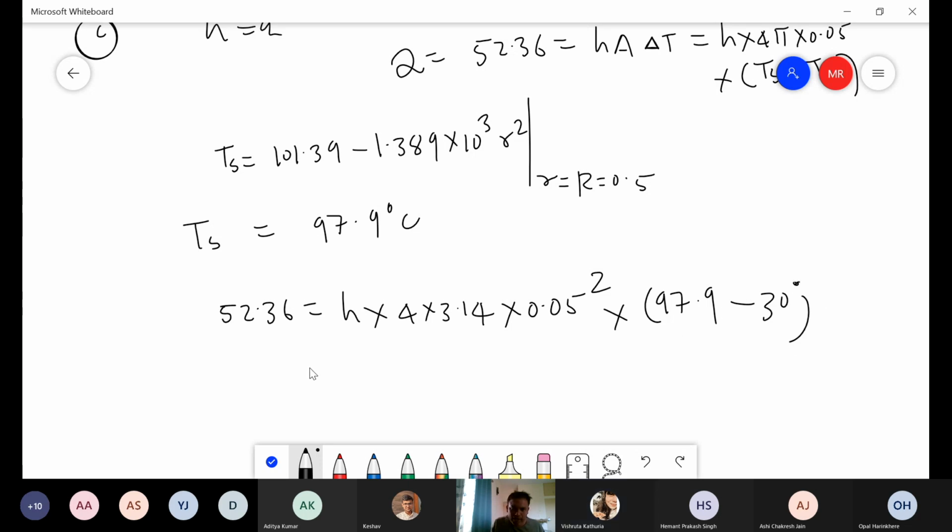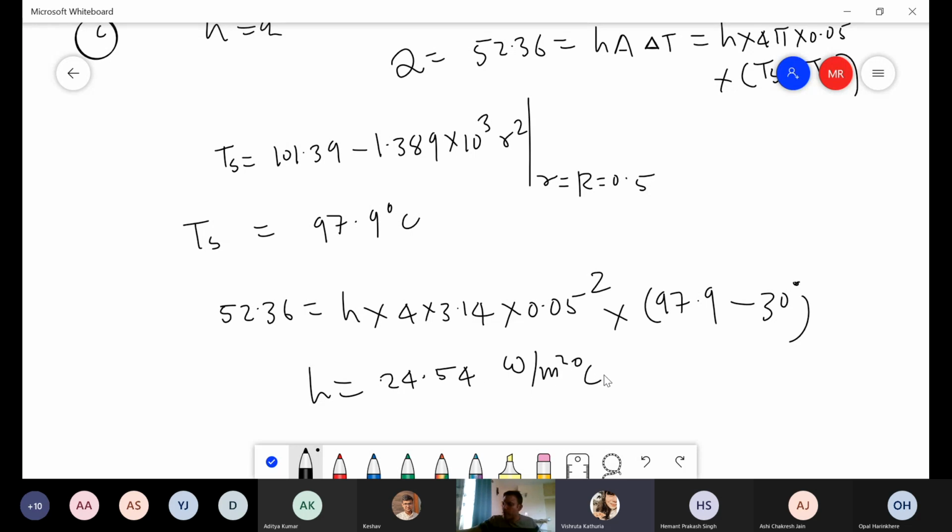So we can back calculate h. Is it clear what we are doing? Yes, sir, it's clear. So how much is the value of h? 24 point something? Sir, it's coming out to be 24.54.